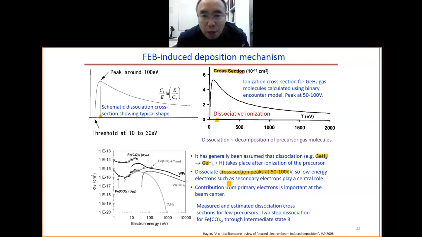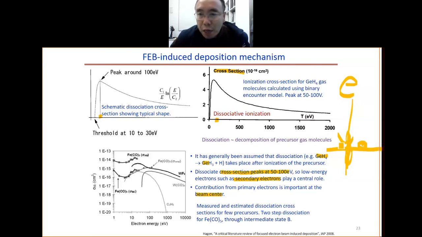This is the energy of the secondary electrons. As a result, the secondary electrons are the most important for the deposition. But at the beam center, I draw it here: the electron beam comes in. At this center part, we have too many primary electrons. Even though this energy is too high and the primary electrons are not efficient, because we have so many of them, there will be deposition induced by these primary electrons.